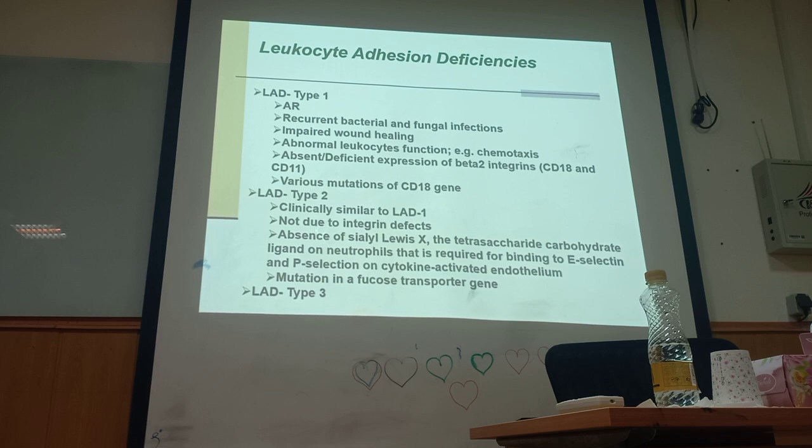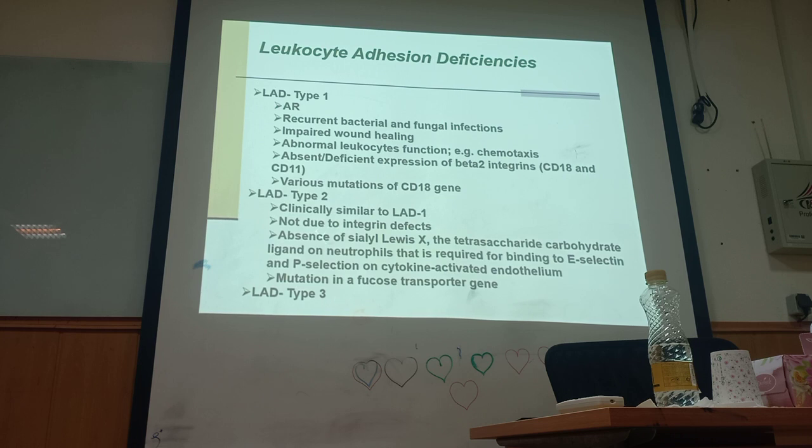So the leukocyte cannot move in the circulation. Impaired wound healing. One of the first signs of the patient with leukocyte adhesion deficiency is impaired detachment of the umbilical cord. So do you know at what time the umbilical cord should be detached? After birth, 10 days to a maximum of 2 weeks.